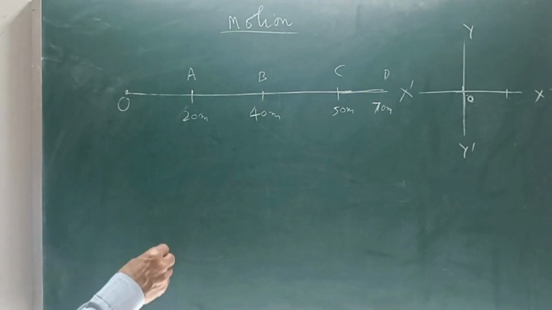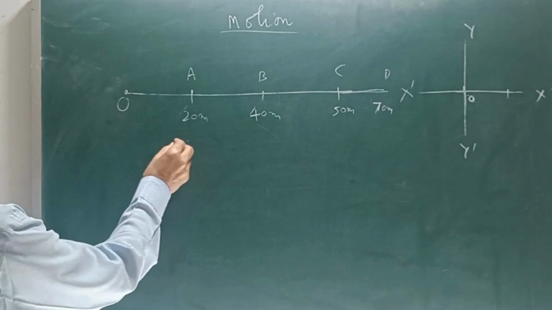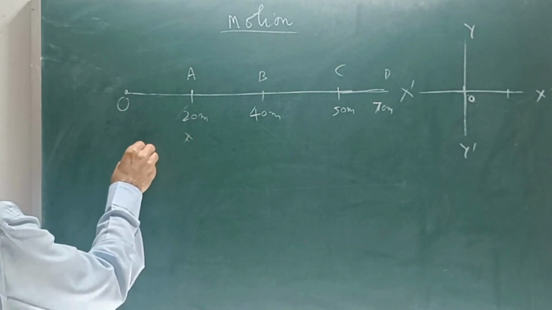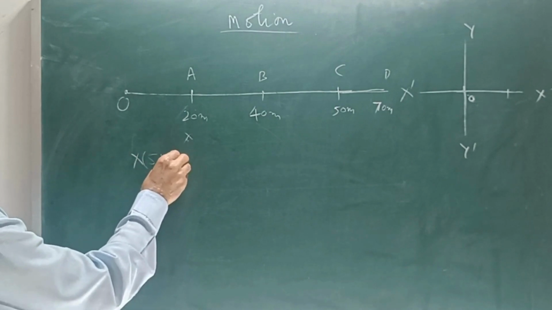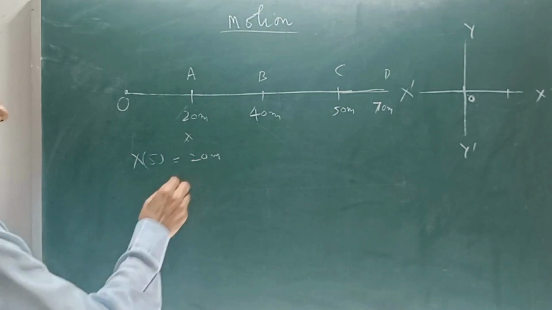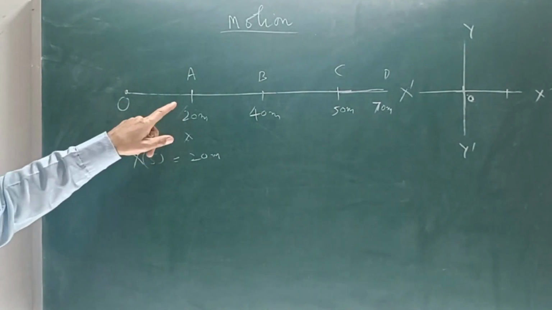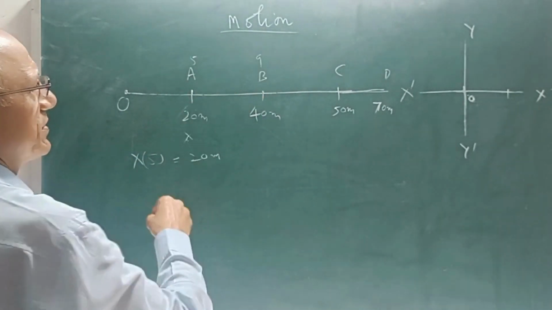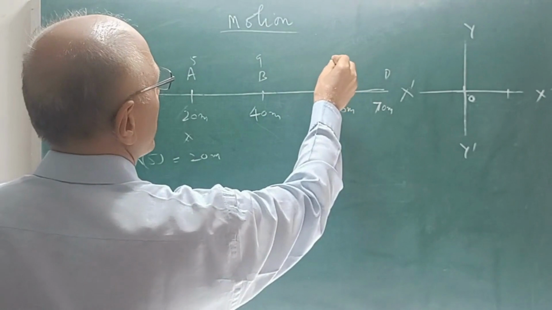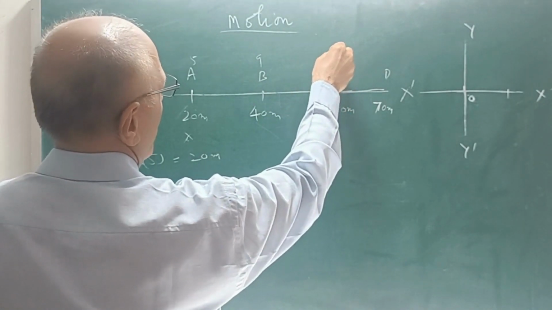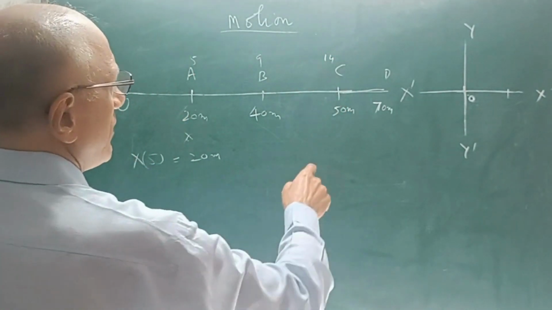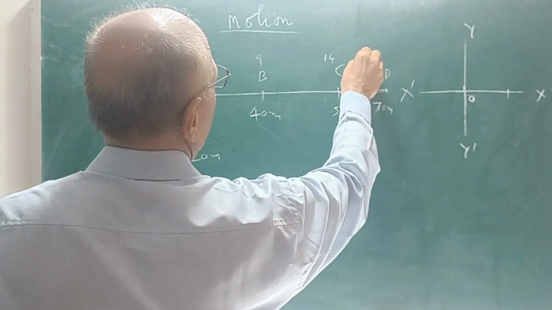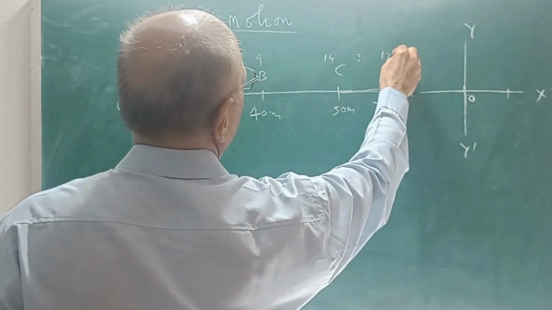So at 5 minutes, your position, if I denote position as x, so x at 5 minutes was 20 meter. This was 5 minutes, this was 4 minutes further, so 9 minutes, this was 5 minutes further, so it is 14 minutes. If it is 3 minutes further, it is 17 minutes.